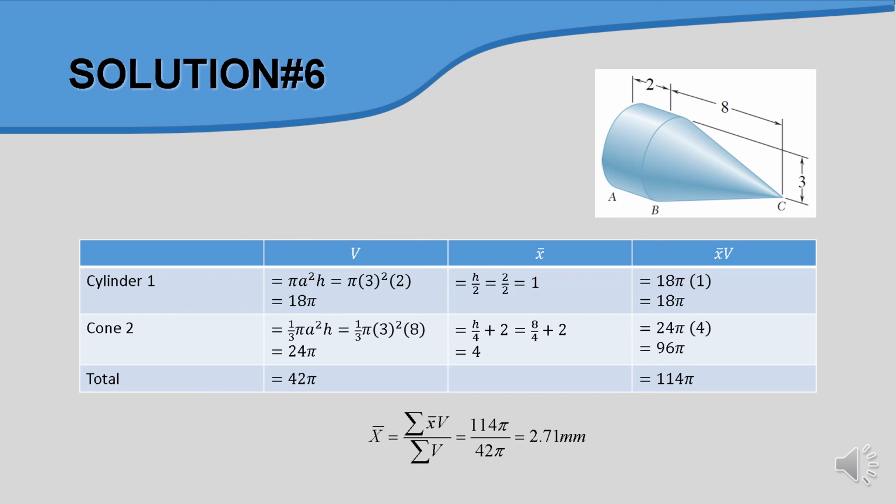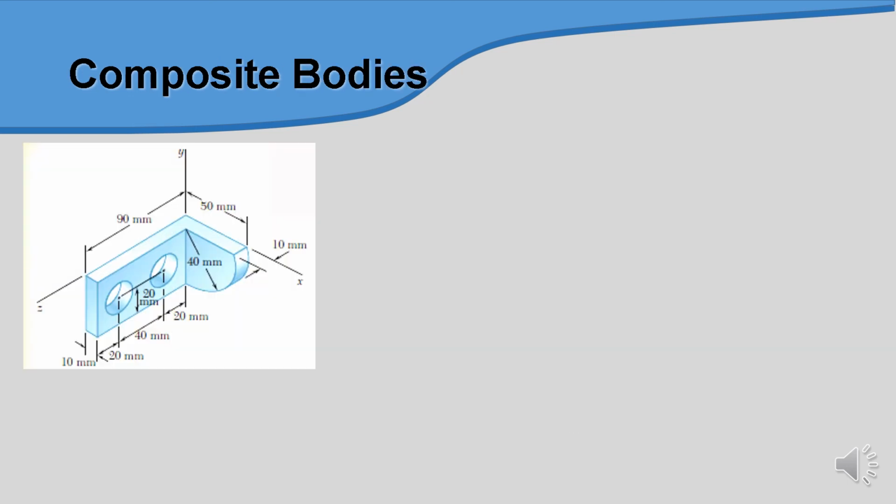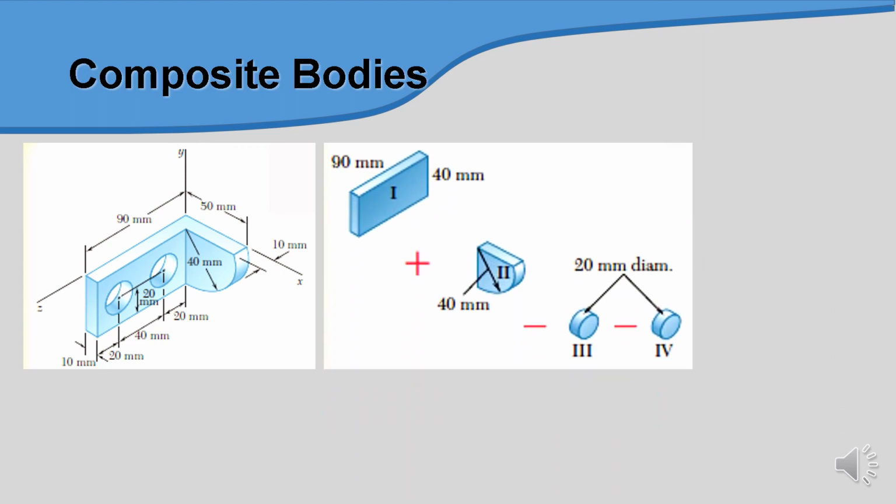Okay, and then the final composite body may be something like this. We have several shapes involved. The first one is rectangular, shape number one. Shape number two, we have the quarter circle, and then shape number three and four, we have the cylinder.